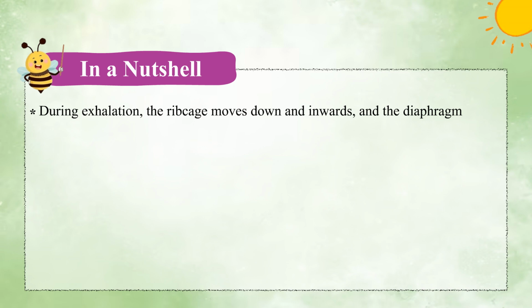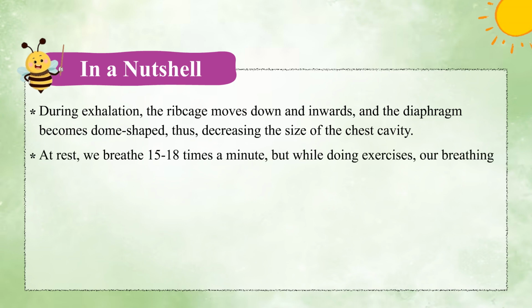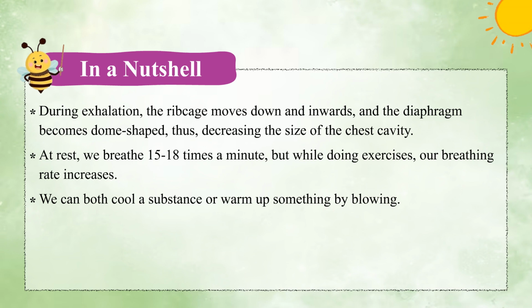During exhalation, the ribcage moves down and inwards, and the diaphragm becomes dome-shaped, thus decreasing the size of the chest cavity. At rest, we breathe 15 to 18 times a minute, but while doing exercises, our breathing rate increases. We can both cool a substance or warm up something by blowing.